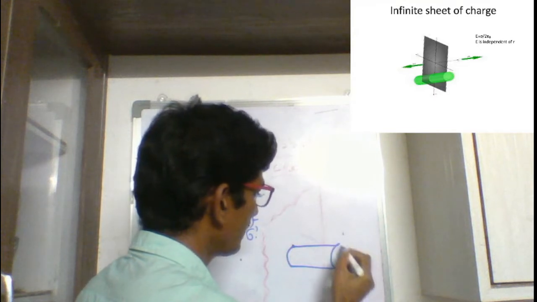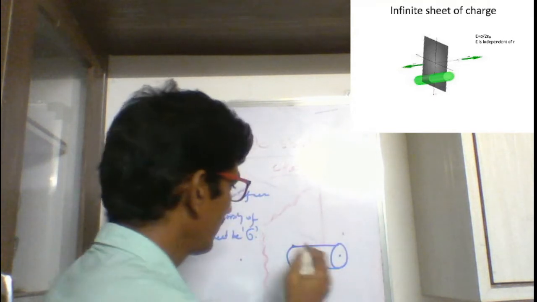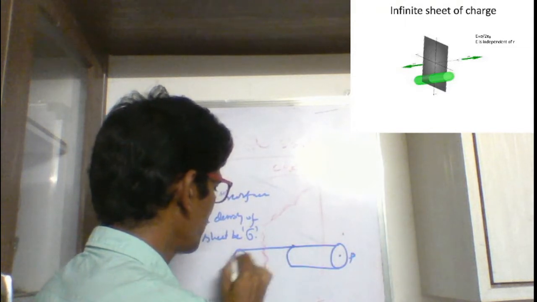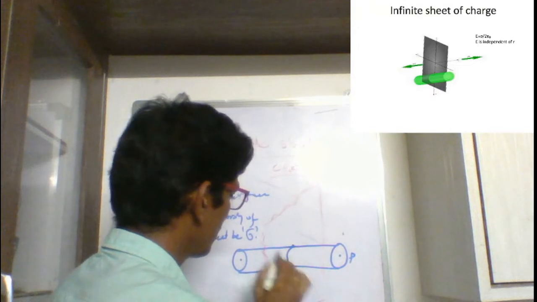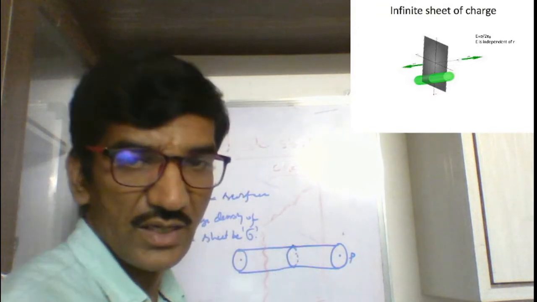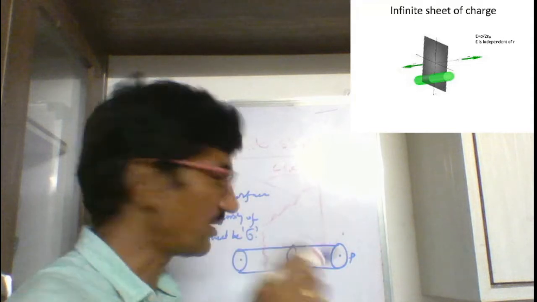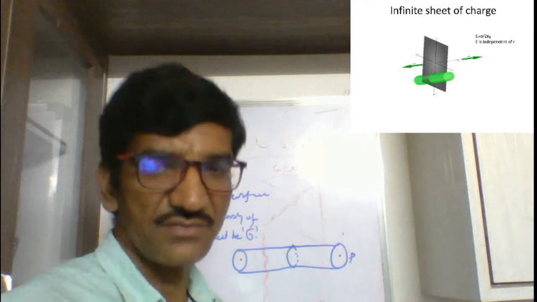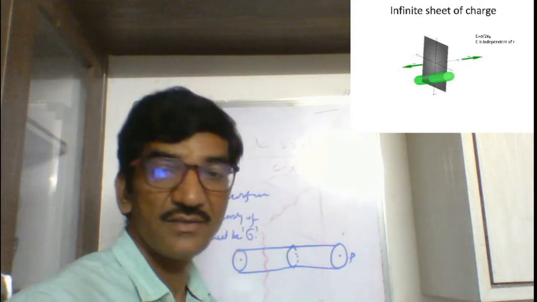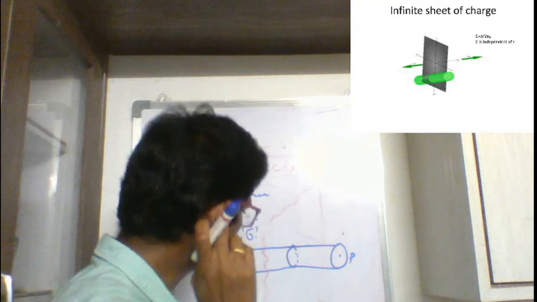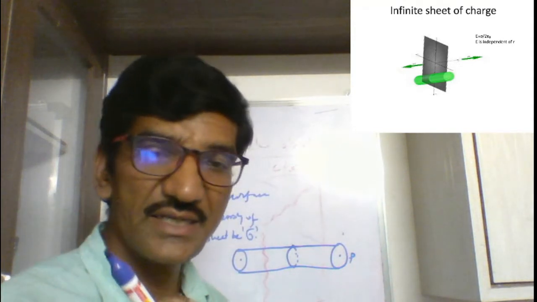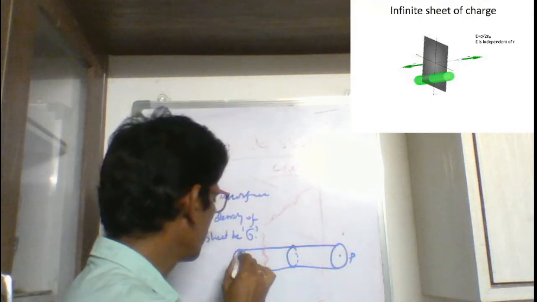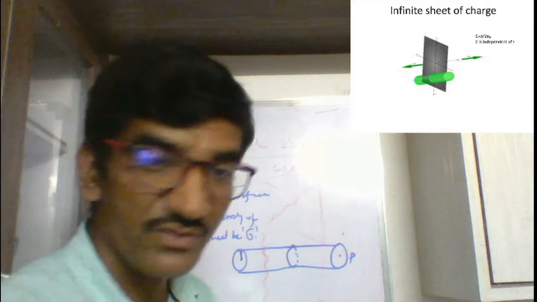Your point is here, say this point P. Another point is here at the bottom. You see this line on the slide also. Now this is your Gaussian surface, even though I am drawing a thick line. Your Gaussian surface is in the shape of a circular cylinder, and you have to define the base radius for this.